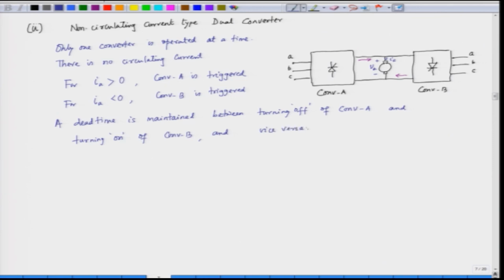So, when we change from the operation of converter A to converter B, since there is no intergroup reactor, we make sure that one converter is completely off before we trigger the next converter. So, we allow a dead time between the two converters.